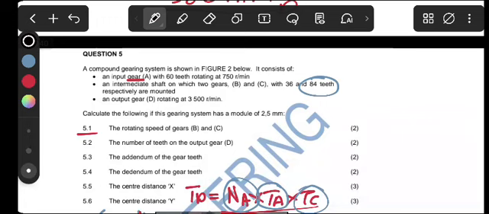Now we go to 5.3, which says the addendum of the gear teeth.